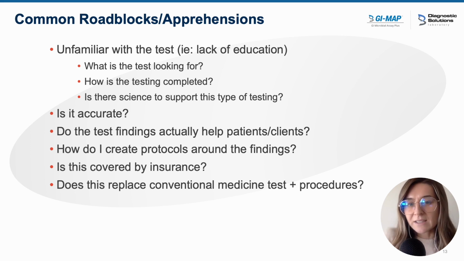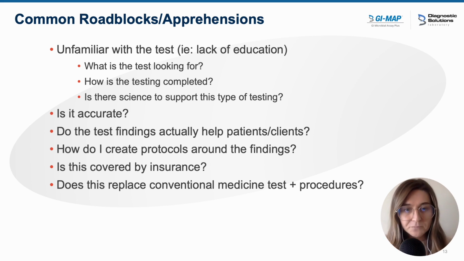So to alleviate some of the confusion, and also because I just want to bolster and increase your confidence in ordering and discussing this test with colleagues, I'm going to give some concise, to the point answers for each of these questions. So number one, what is the test looking for?